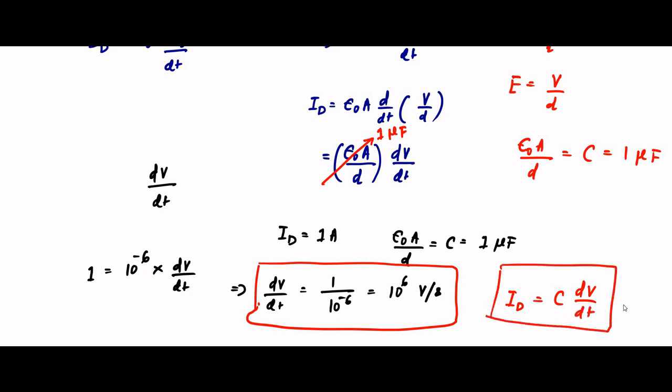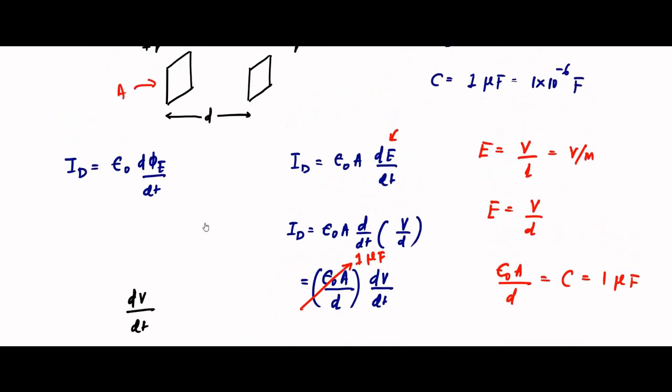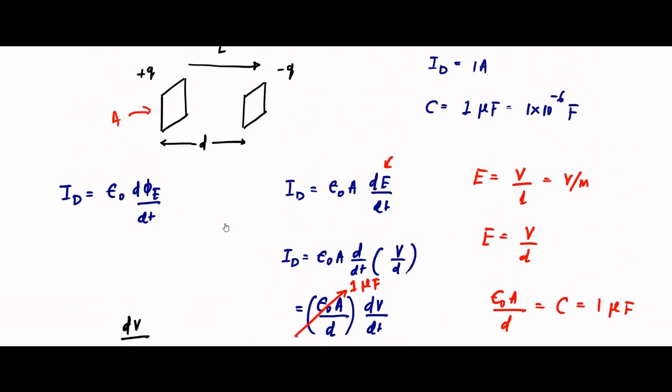Earlier we had two ways to express displacement current: the first is the rate of change of electric flux with respect to time, and the second is the rate of change of electric field with respect to time, epsilon A dE by dt.